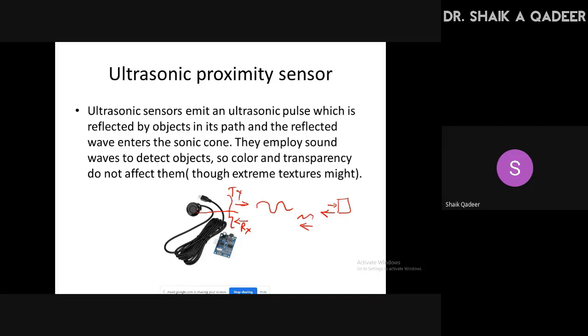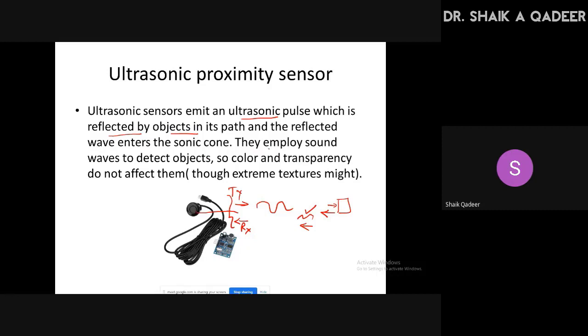In this, both transmission as well as receiving mechanism is available. Okay, it emits pulses like this, ultrasonic pulses, which are reflected back, that is this one, by the object.